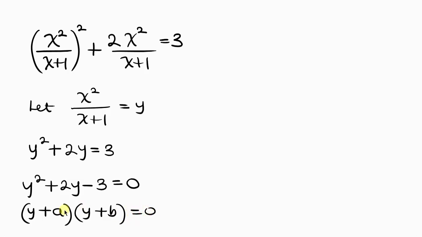All right. Well, I'm going to be attaching a condition to a and b, which is that the product of a and b must be equal to -3, and the sum of a and b must be equal to 2.